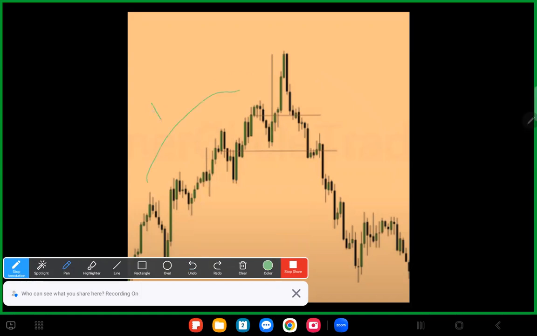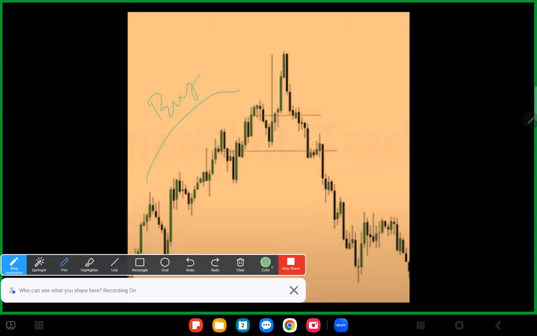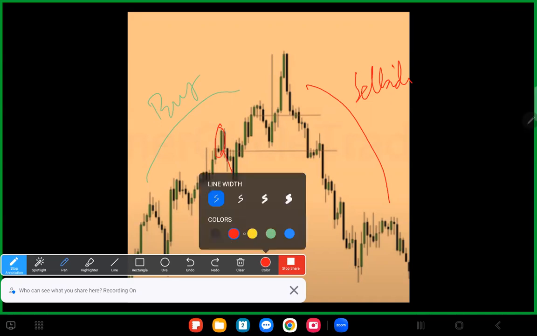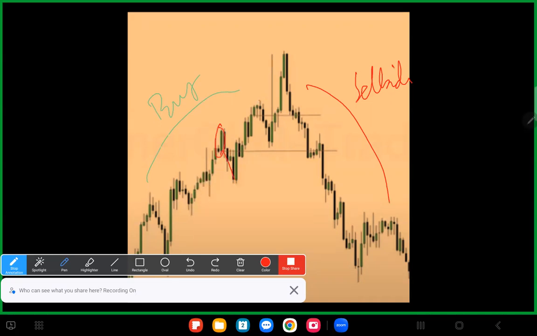Here, we're on the buy side. And then on this side, we're on the sell side of the curve. And then we see that this order block right here caused some selling to happen on the buy side of the curve. And then similarly, we see that this order block also caused selling right there.